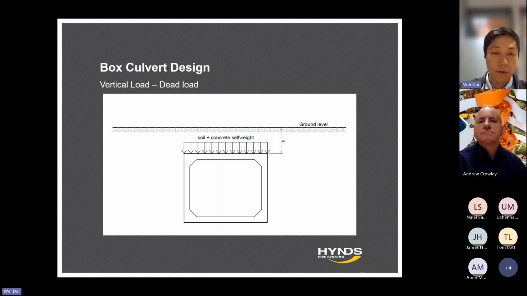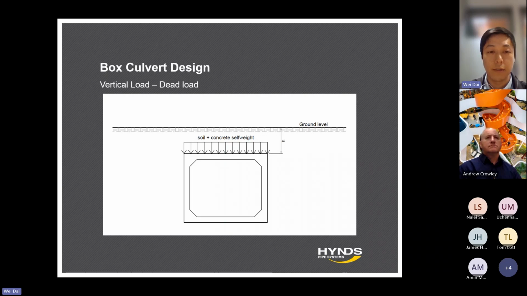The dead load component for vertical load is the soil and concrete self-weight acting on the top slab of the box culvert, which is related to the depth of the soil cover H.